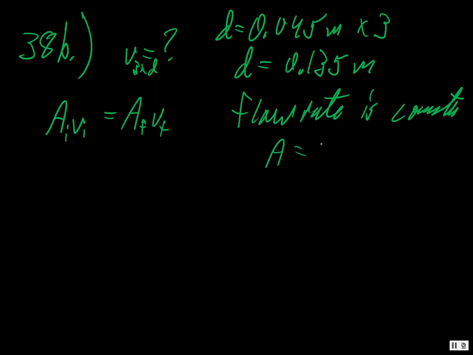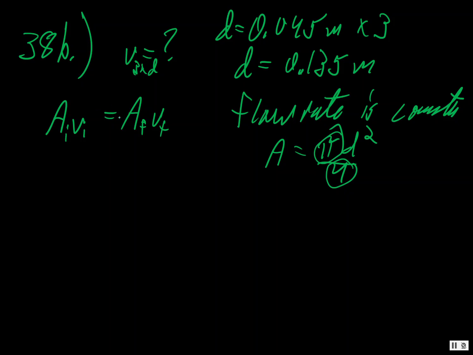The cross-sectional area of the pipe is pi times diameter squared over 4, right? Yeah, it sure is. Well, look, guys, this is constant and this is constant. These two values are not going to change. So maybe I should say it this way.